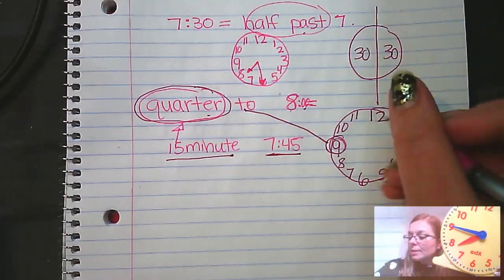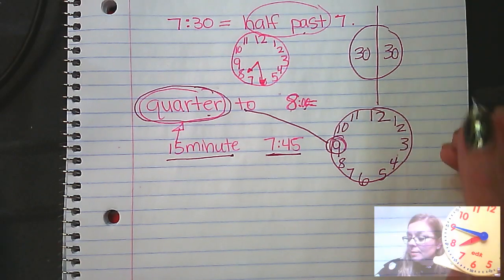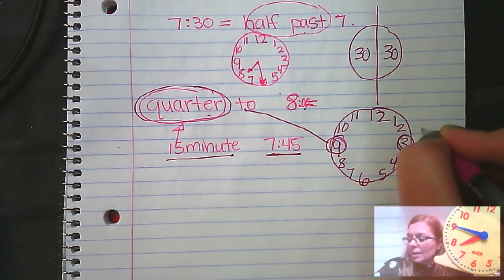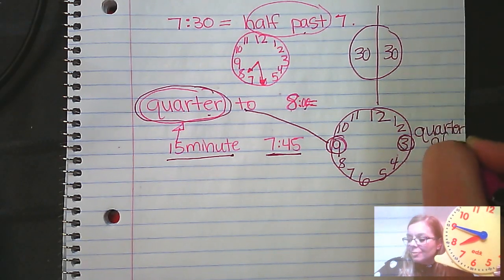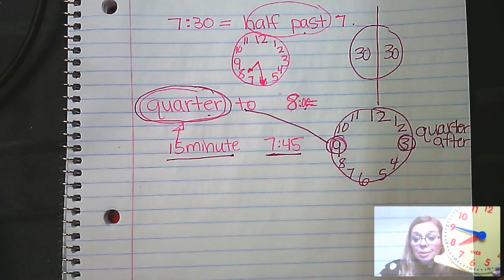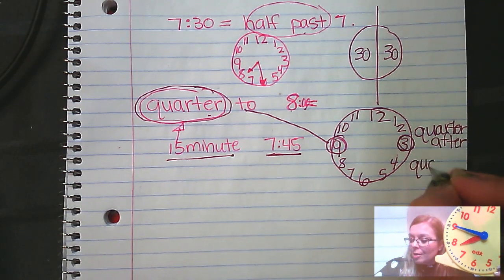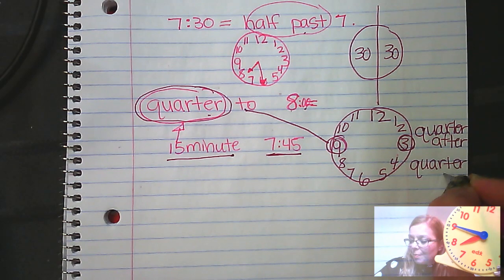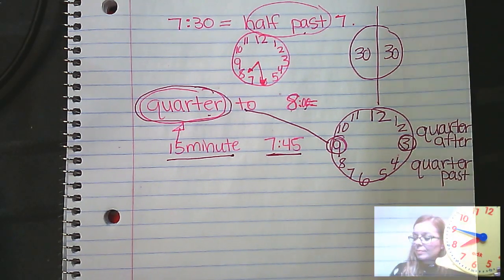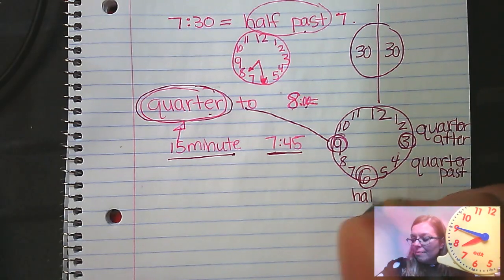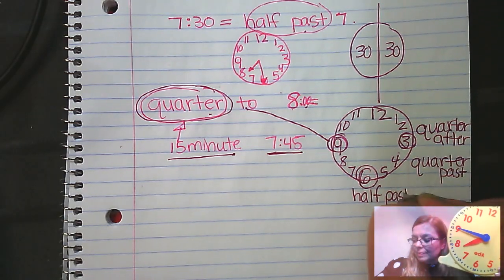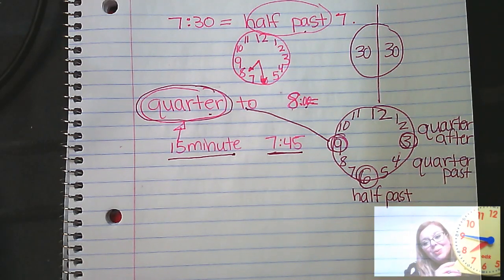When the minute hand points to the 3, it is 7:15. The 6 is 7:30. All right, so she was able to get to school on time.